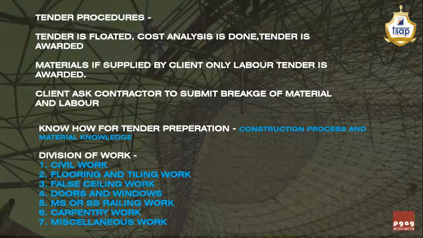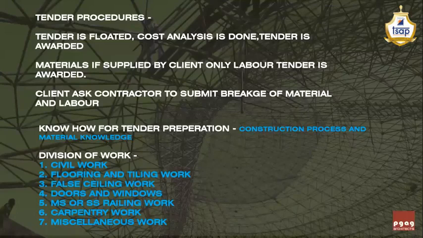Now it is for you to know how the know-how for tender preparation is: first the construction process and then the knowledge of the material. The construction process I will explain to you, and the knowledge of the material also I will explain to you in the later stage. But first, the division of work, like how the tender is divided into different parts. The tender is divided into all such parts which are listed on the slide right now based on the construction process.